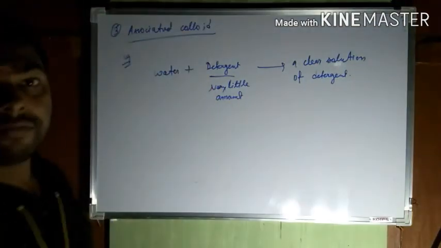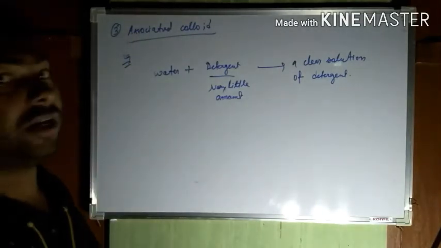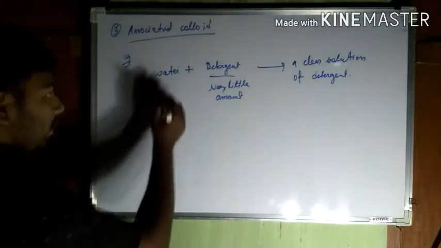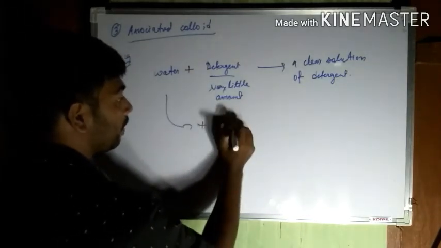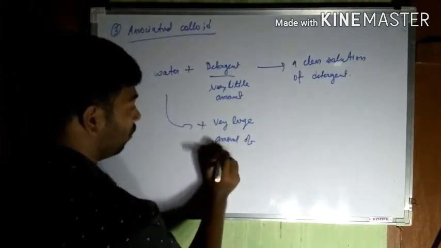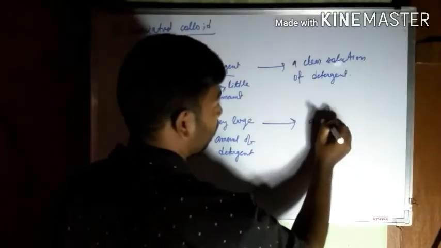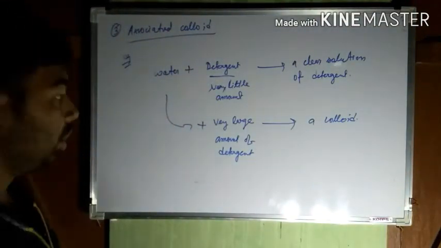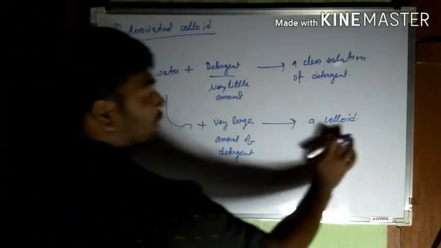At very low concentrations, the dispersed phase acts as a strong electrolyte, which dissociates completely in water. But when you take a large amount of detergent, it forms a colloid due to the association of detergent molecules, or ions, to form an associated colloid.